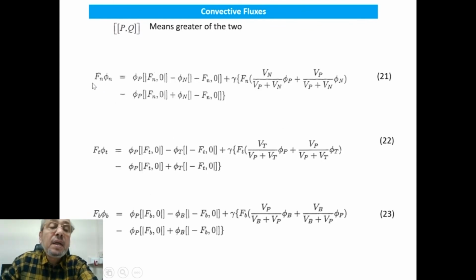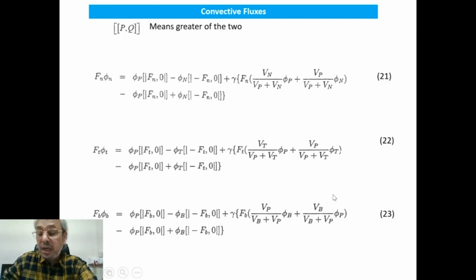In the same way, just you have to follow the expressions and look at how we have applied upwind differencing by involving upstream point Fn phi n, Ft phi t and Fb phi b, bottom surface, top surface, northern surface, and everywhere basically we have taken UDS plus central difference minus UDS, minus upwind difference scheme.